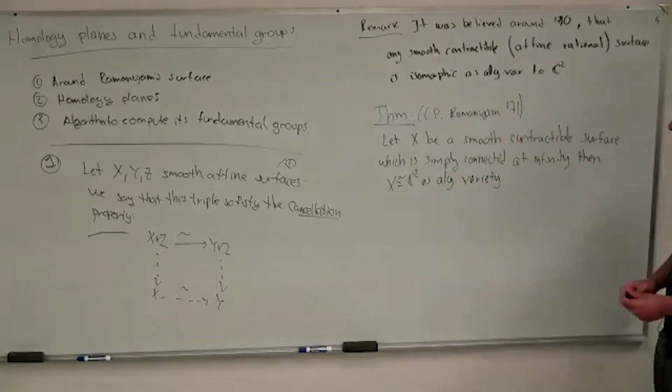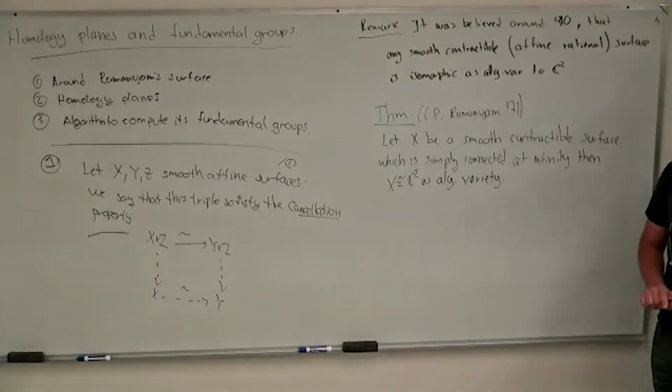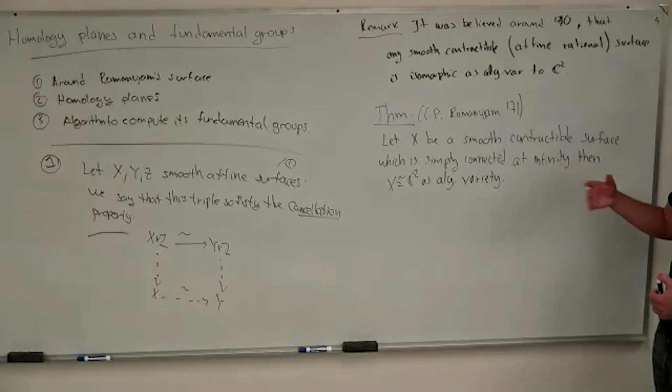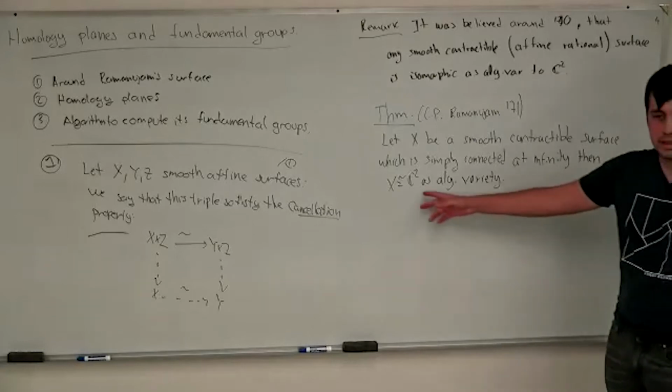We have seen in talks of Claire Voisin the topological characterization of some fourfold, and now we have a topological characterization of C2 as an algebraic variety.